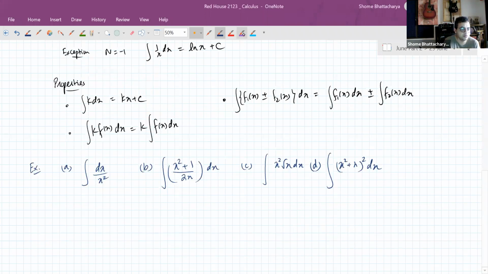So I'm just putting up the answers, verify it. I will give you the methods in just a moment. So this one's answer should be minus 1 by x plus constant of integration. This one's answer should be x square by 4 plus 1 by 2 times ln x plus c. Okay. This one's answer should be plus c.